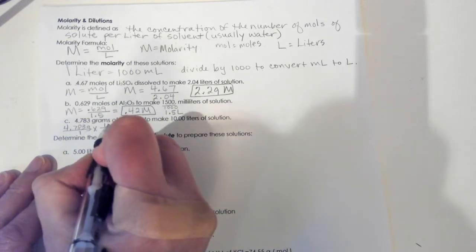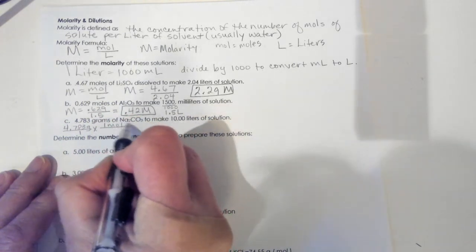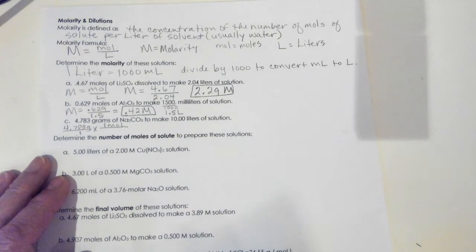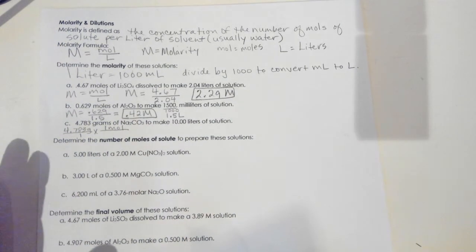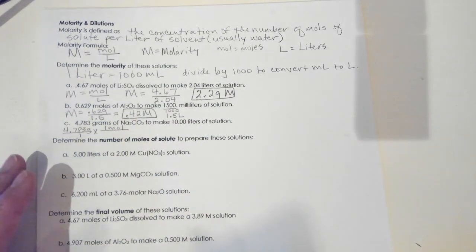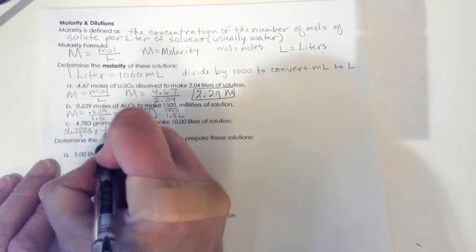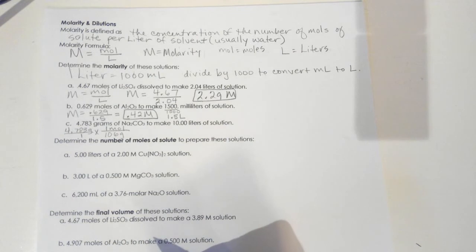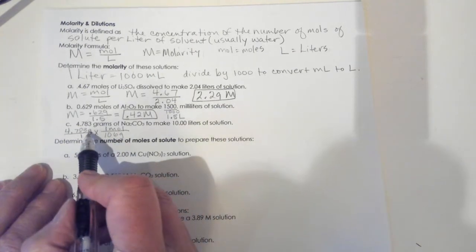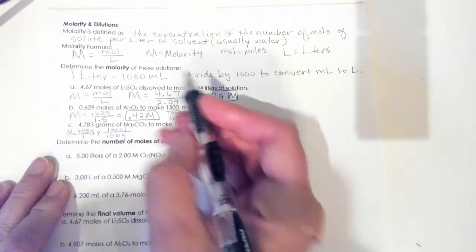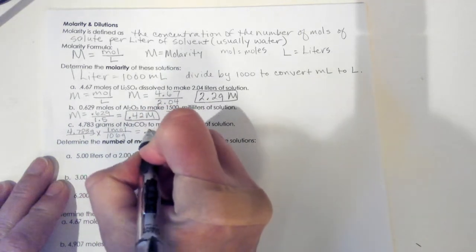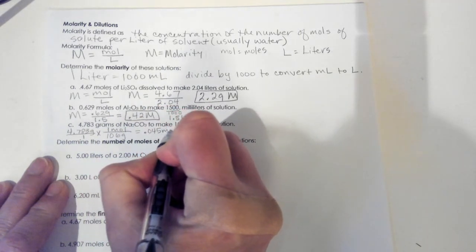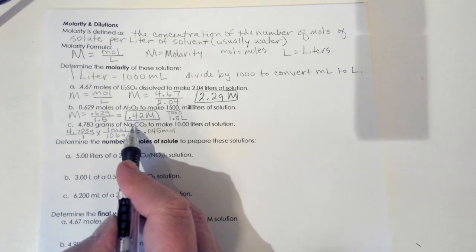So you know that 1 mole of sodium carbonate, now we're going to go look at the periodic table. I'll go ahead and tell you the molar mass for sodium carbonate is about 106 grams. So we convert our grams to moles, and we get 0.045 moles of sodium carbonate.